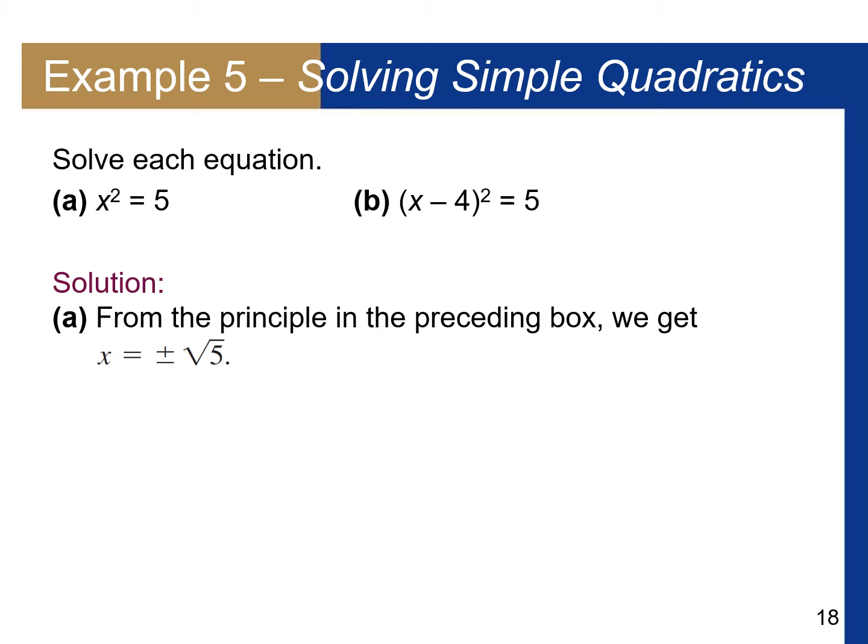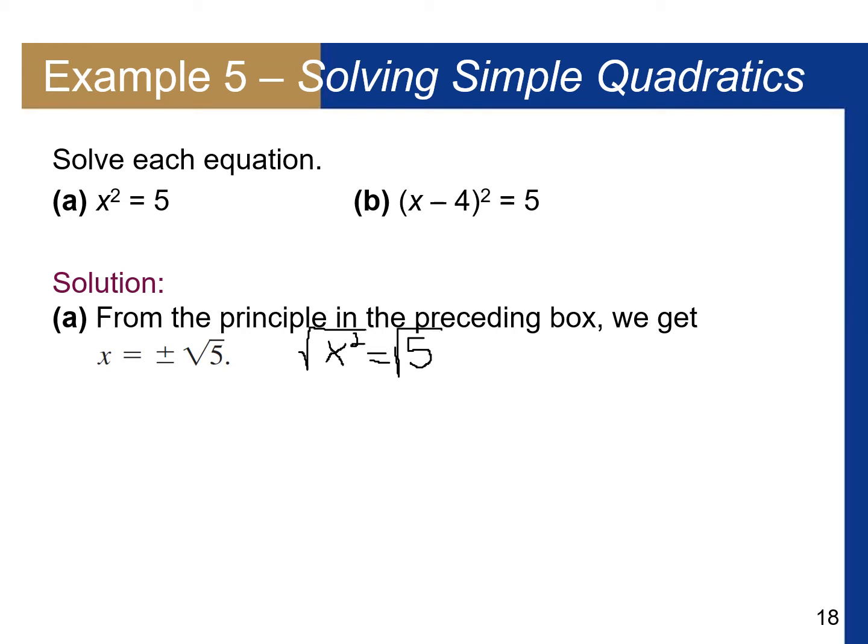So, as I said before, and I'm going to demonstrate this a little better because they do kind of jump over it. If I have x squared equaling 5, I can take the square root of this side and the square root of this side.